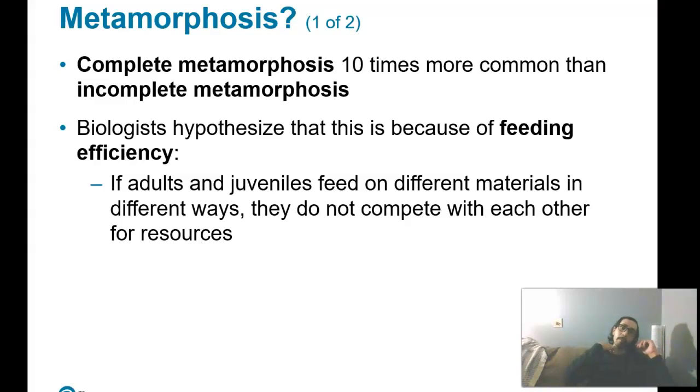Complete metamorphosis is 10 times more common than incomplete metamorphosis. One of the hypotheses is that this allows for feeding efficiency, because the larval juveniles won't compete with the adults for the same food resources.